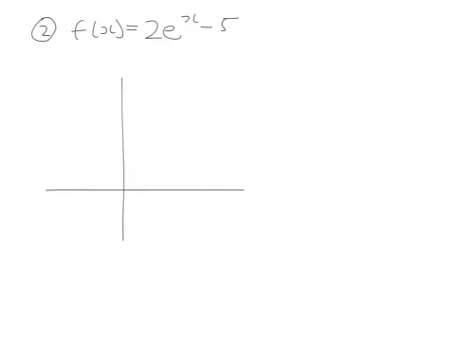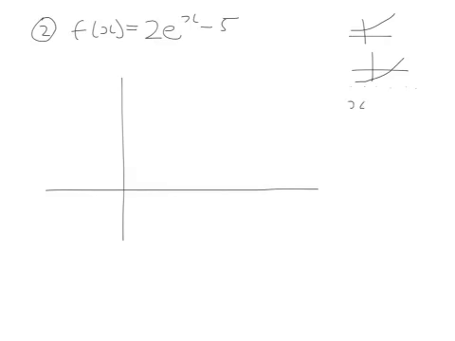In question 2 we've got the function f of x equals 2e to the x minus 5, which we need to sketch. So e to the x, of course, is this. So e to the x minus 5 is translated 5 down.